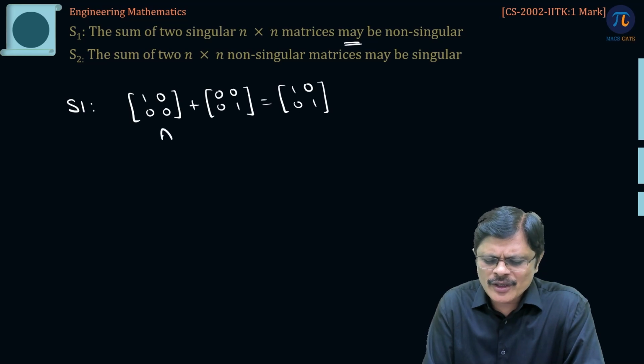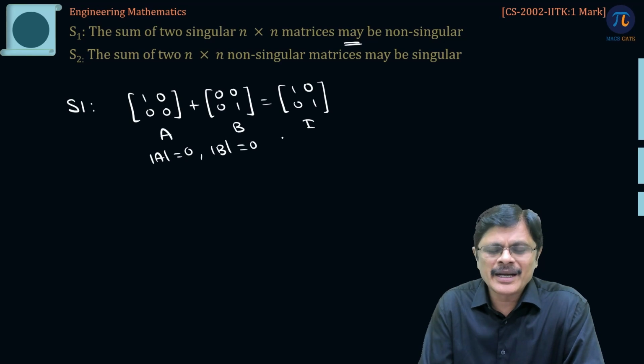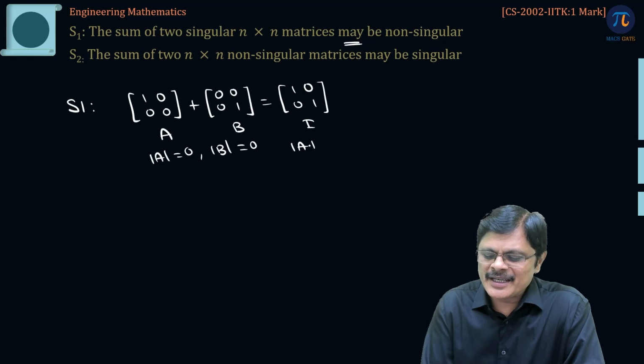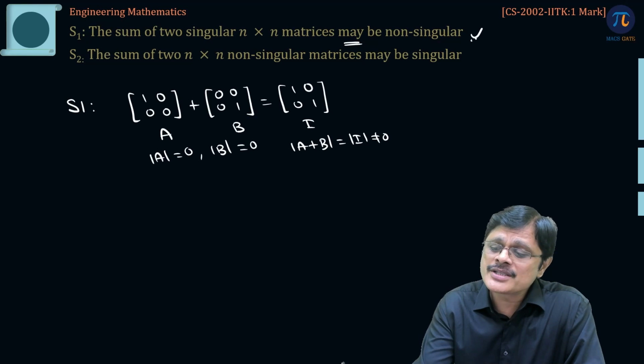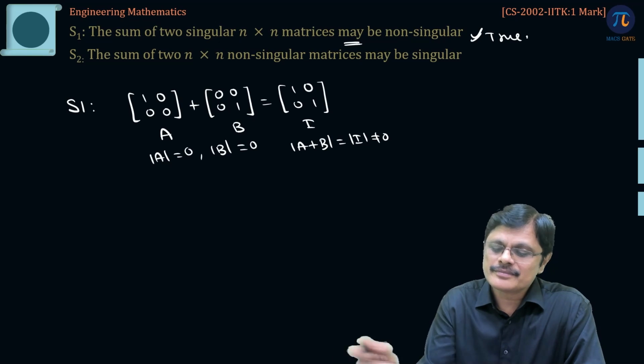Let us call them A, B, and I. See, det A is 0, det B is 0. But in this situation, det (A plus B), which is identity, is not equal to 0. So the sum of two singular matrices may be non-singular is true.